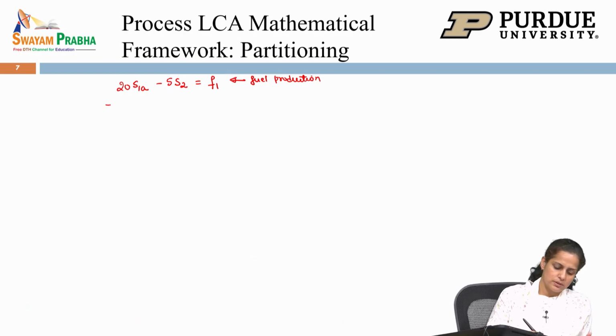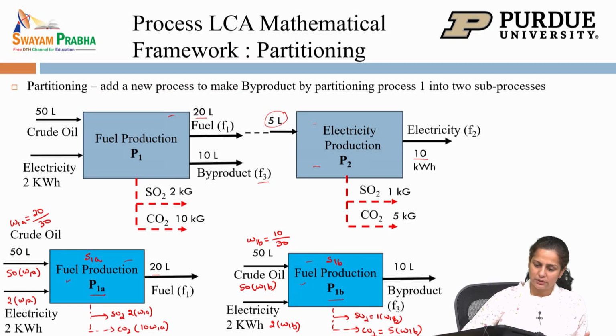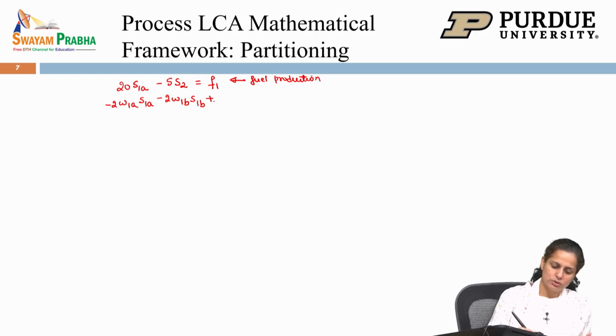So, this will be minus 2 times W1A times the scaling factor, similarly minus 2 times W1B times the scaling factor for B, plus it is being produced as electricity, 10 times S2, and that is equal to F2, which is the net electricity production in the network.